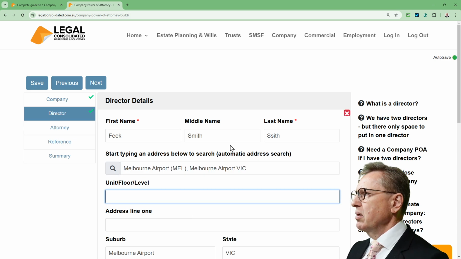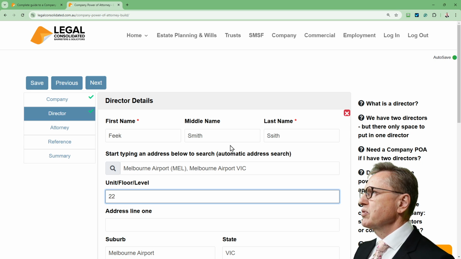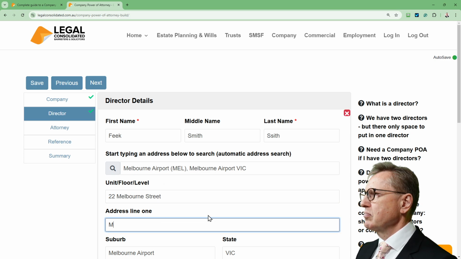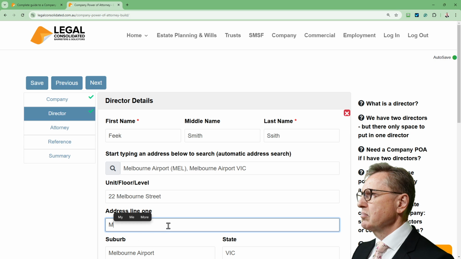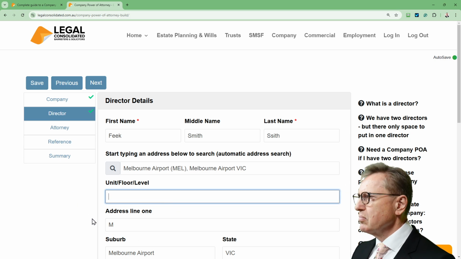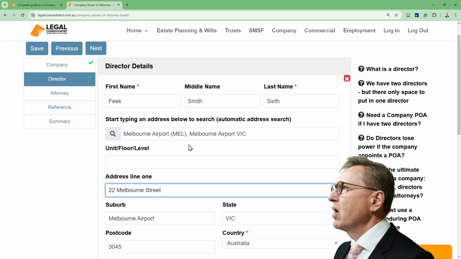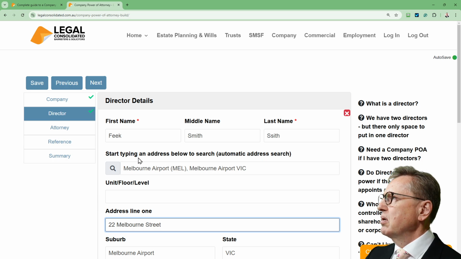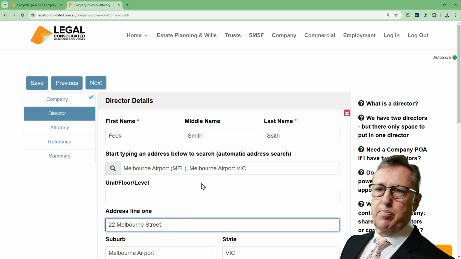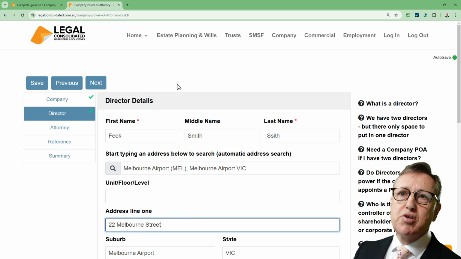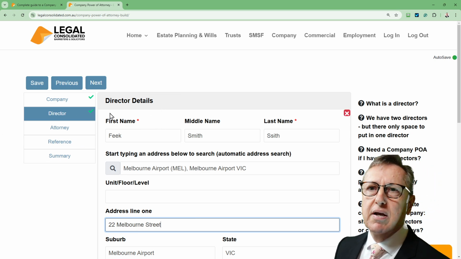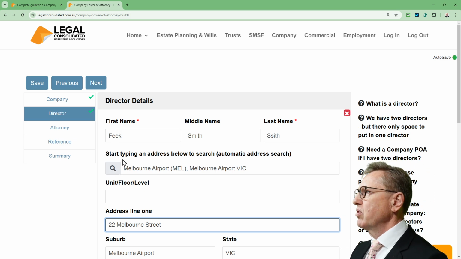So the director lives in Melbourne, at Melbourne Airport, goodness. So I am now happy with that as the person building the stock, and I see Legal Consolidated is also happy. There's another green tick. I'm doing very well at the moment.